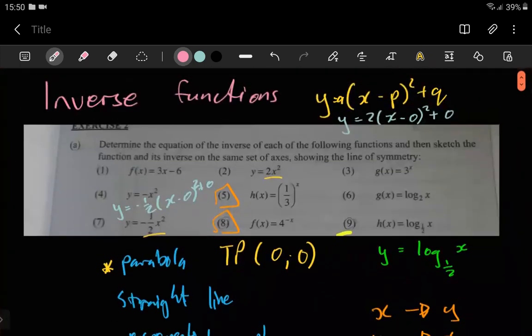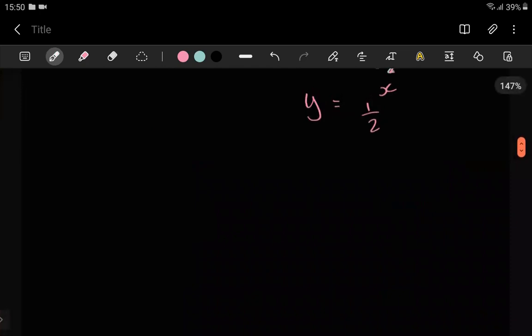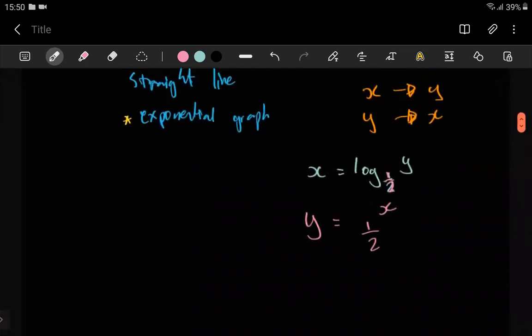Now comes the second half of the question. They want us to draw the graph and show the line of symmetry. So if we're going to draw the graph, what do we need? We need a Cartesian plane. So let's see here. We have this, and then we have this.